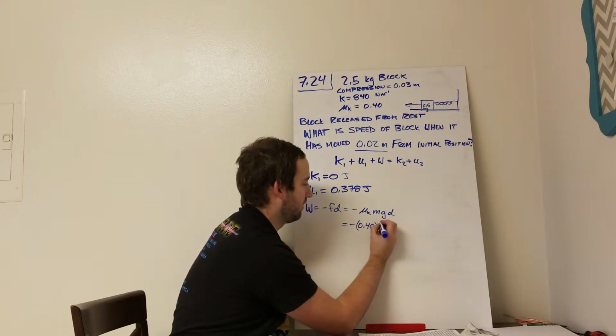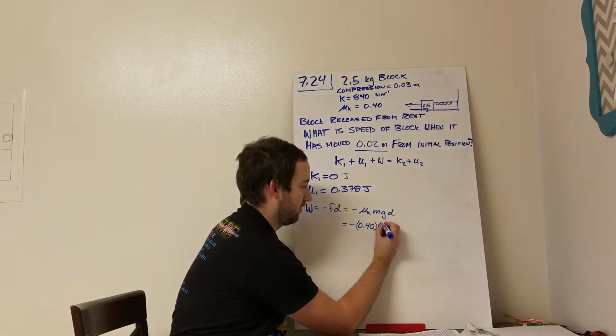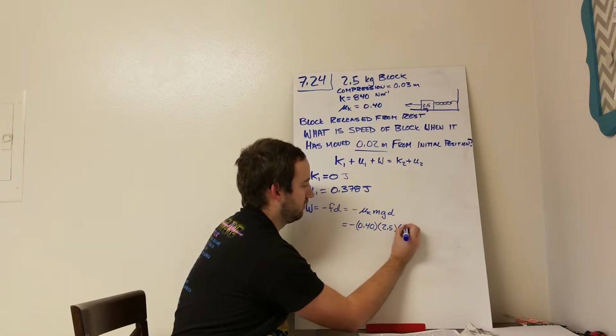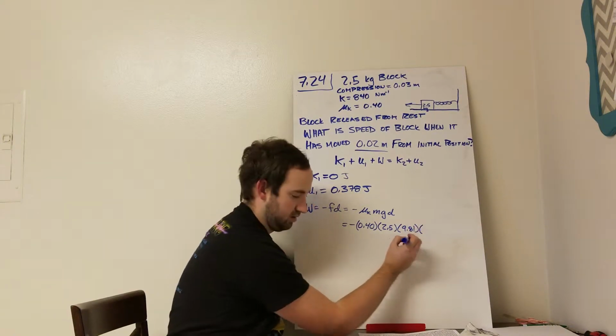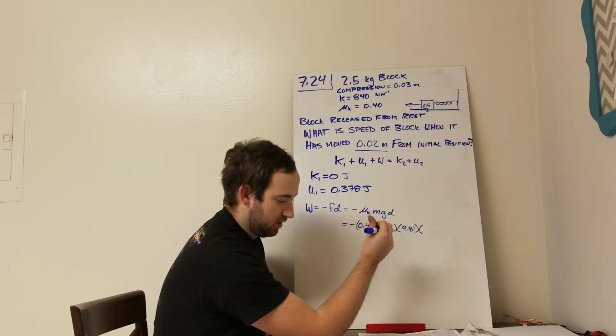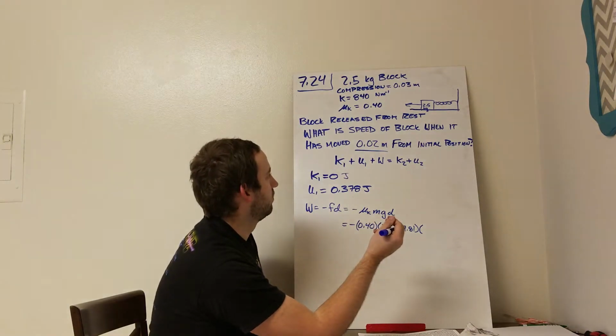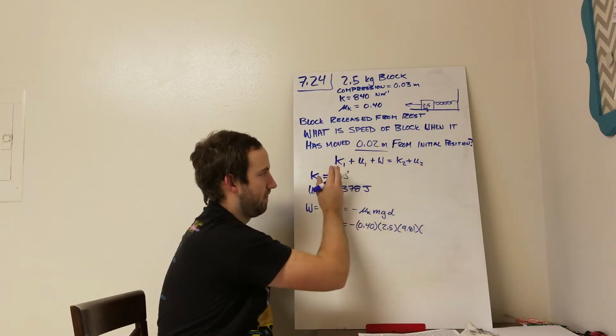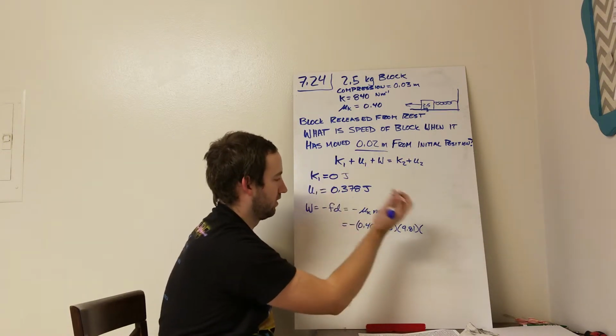So we know that the mass is 2.5 kilograms, gravity 9.81, and then the distance, or the d, is 0.02 because that's where we're going to end up.